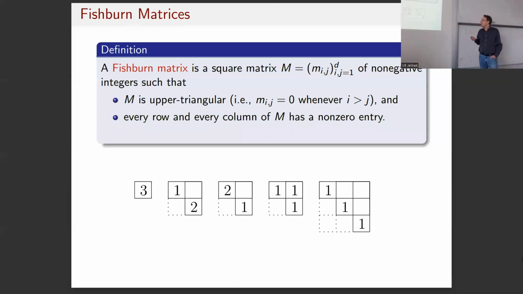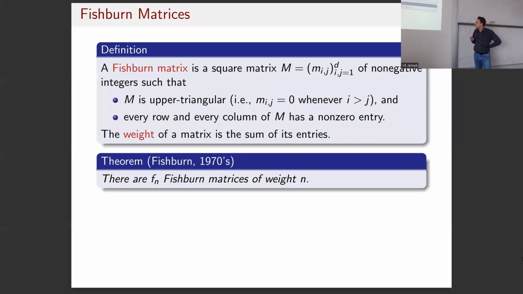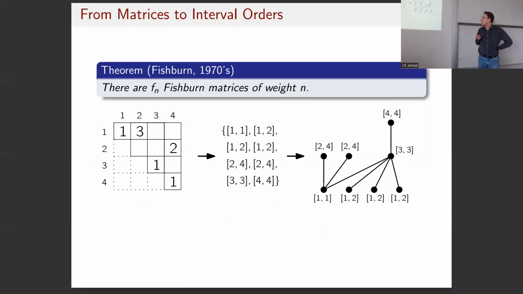And whenever I'm talking about Fishburn matrices, the key parameter that I'm interested in is the so-called weight, which is the sum of its entries. Down here you see the 5 Fishburn matrices with weight 3. And it turns out that these matrices are in bijection with interval orders. I will sketch how this works in a moment. In particular, the number of Fishburn matrices of weight n is exactly the nth Fishburn number.